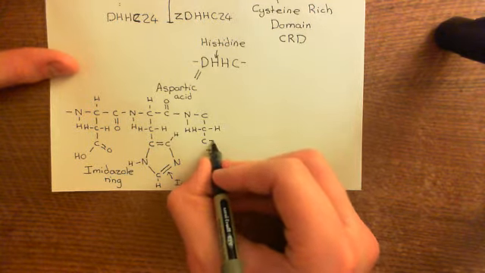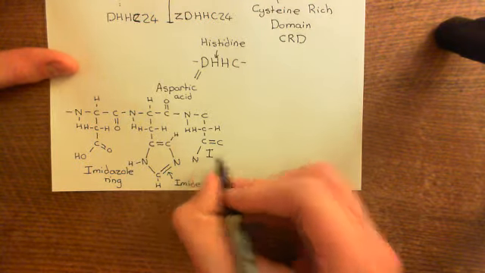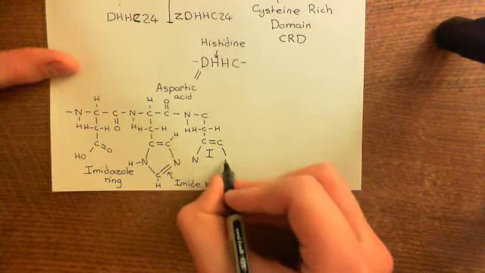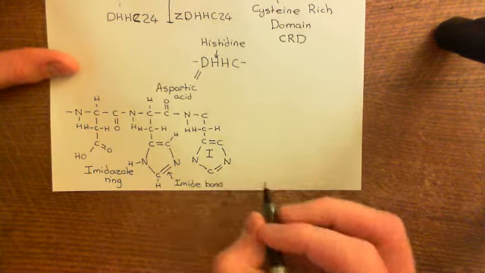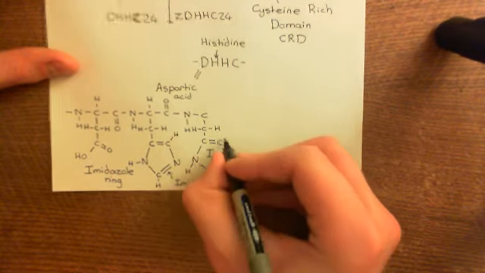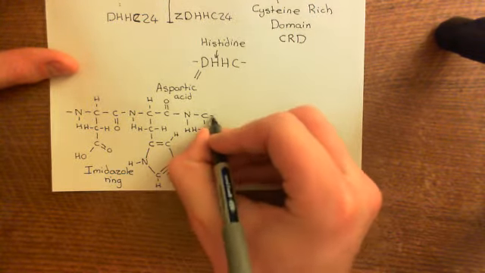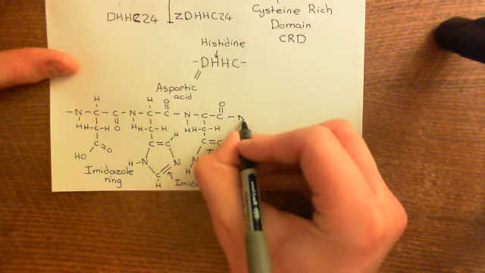There's a solution. The ring here is an imidazole ring, so I'll put an I in the middle. So there now is the structure of the imidazole ring for this next histidine, exactly the same as before.